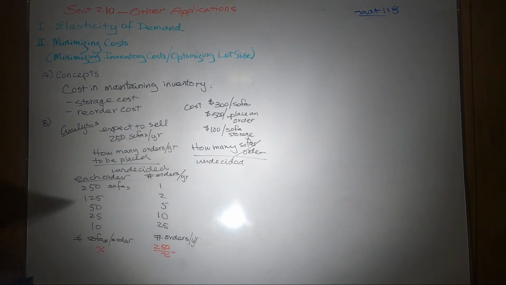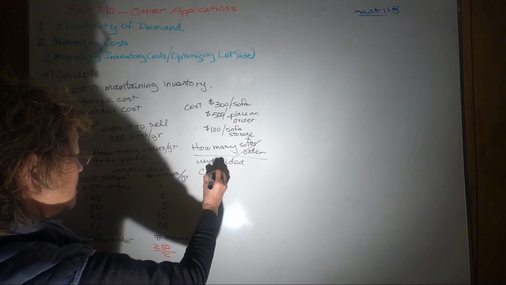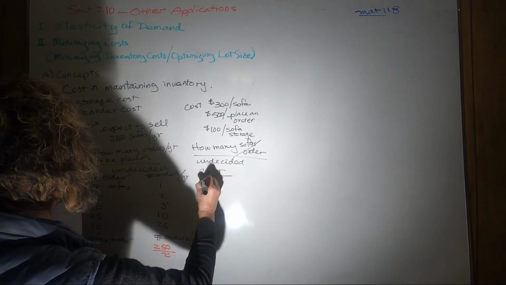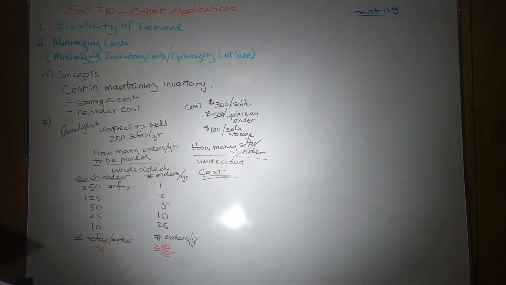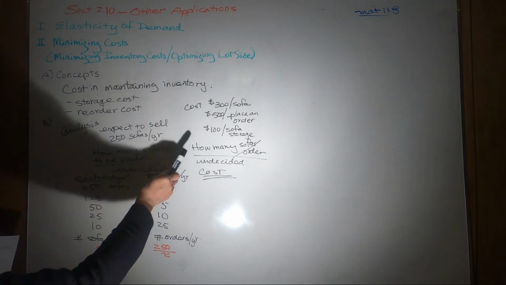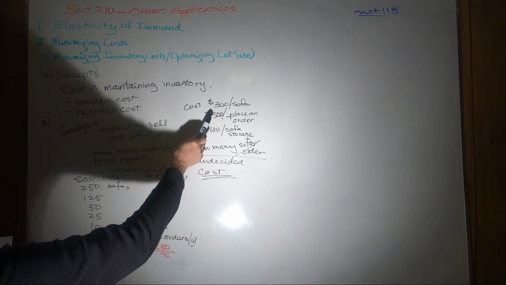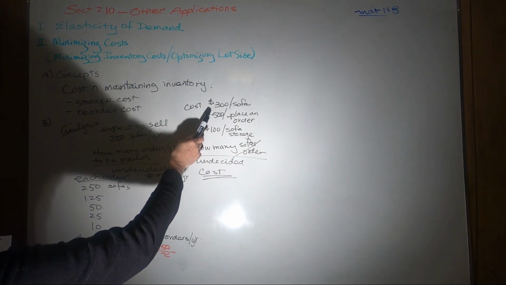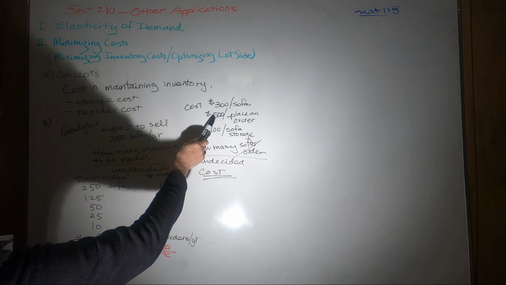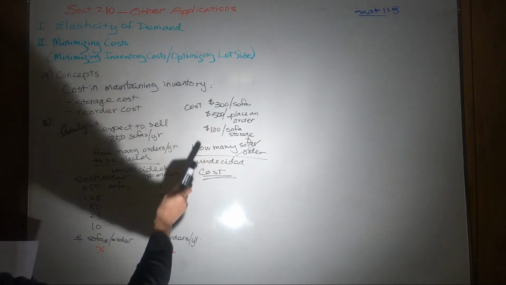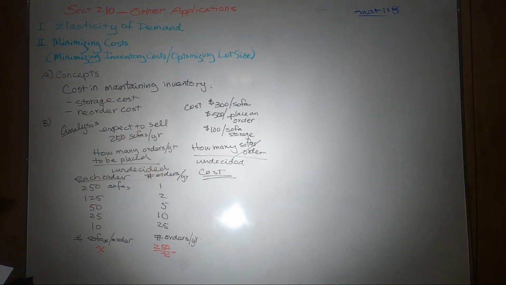Put the X there. Mainly we want to find out the total cost, including the storage cost, the cost for placing orders, and the sofa's cost.